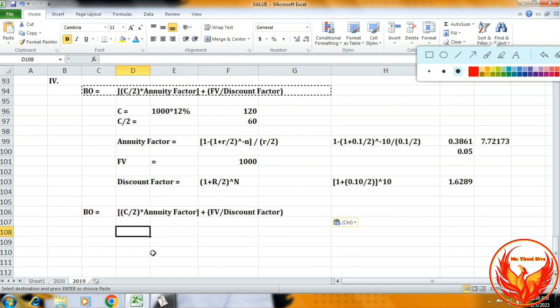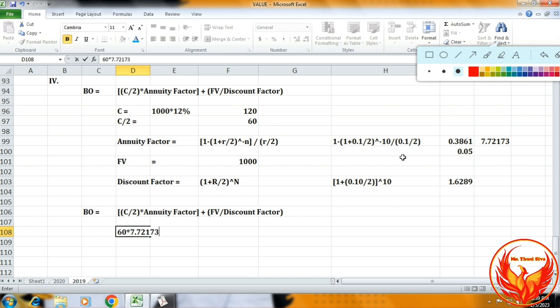C by 2, already calculated as 60 rupees, into annuity factor, already calculated, 7.72173, plus FB face value 1000 rupees divided by discount factor, already calculated, 1.6289.